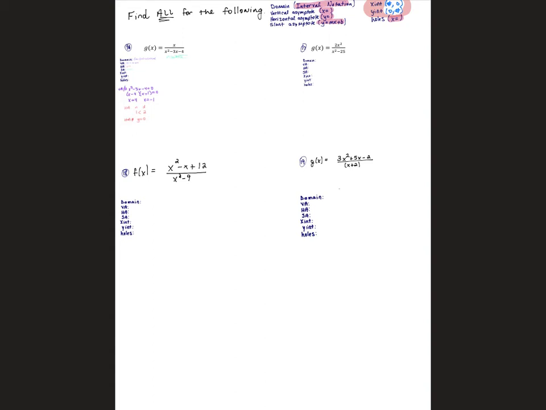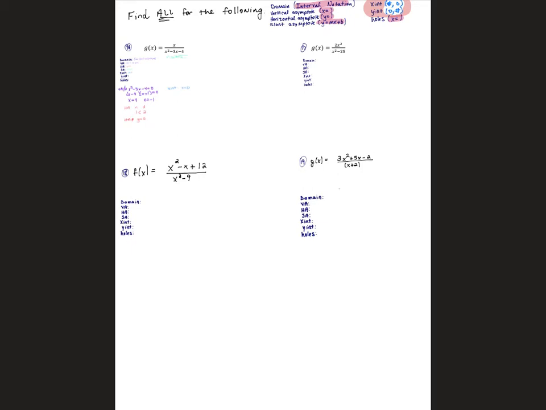For our x and y intercepts, what do we do? For the x-intercept, you set the numerator equal to 0. So when I set the numerator equal to 0, I get x equals 0. You write that as an ordered pair, and it's 0, 0.